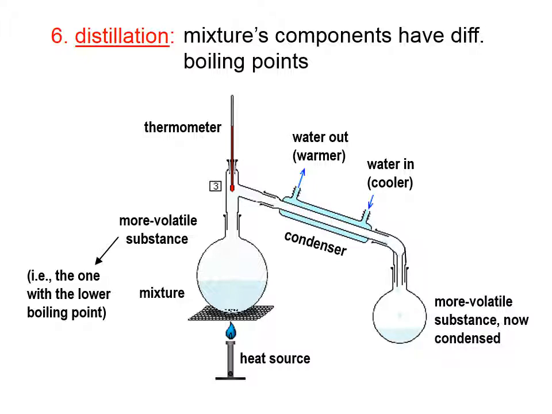And this condenser is surrounded by a chamber in which we pump water in, and then the water drains out, and that water that goes in cools that vapor, makes it condense, and then it drips out down here on the right.